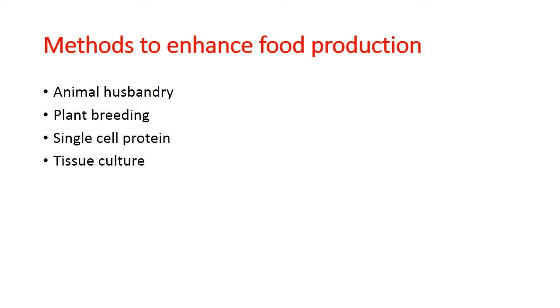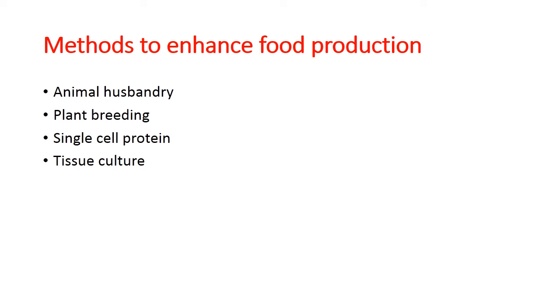So those who are eating chicken or meat, they are directly dependent on animals, and some are indirectly dependent on animal products, those who are using milk products like cheese, butter and curd. So how to produce these products? They are actually obtained from animals, and that we will be studying under animal husbandry.